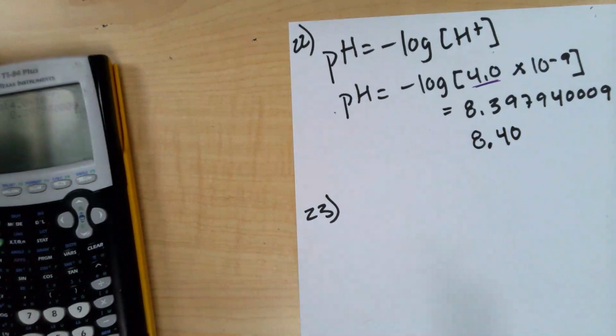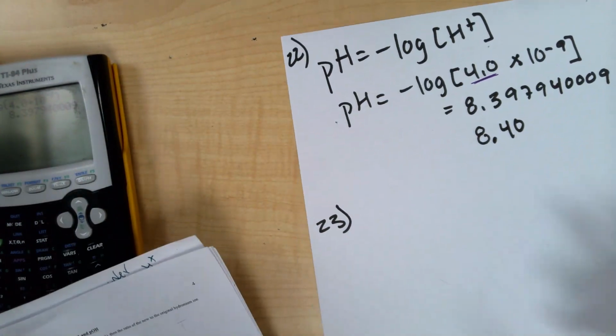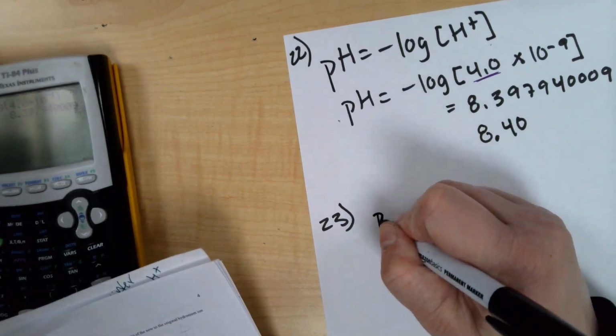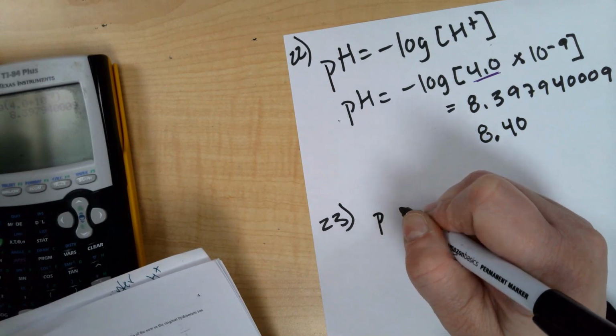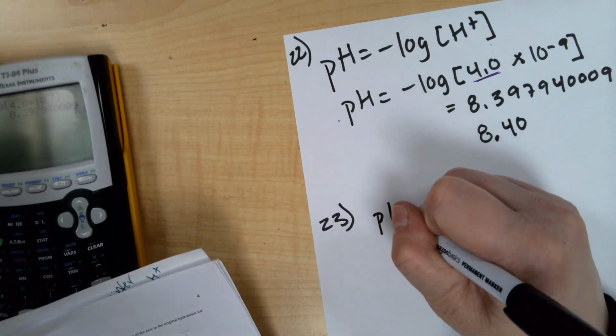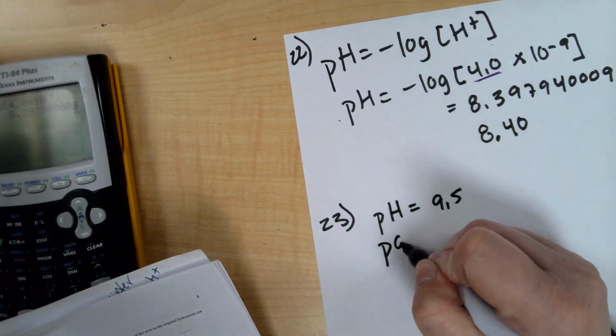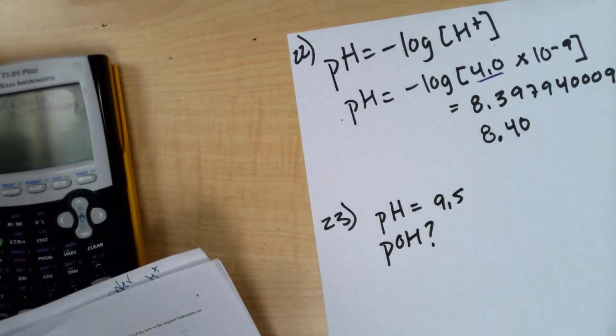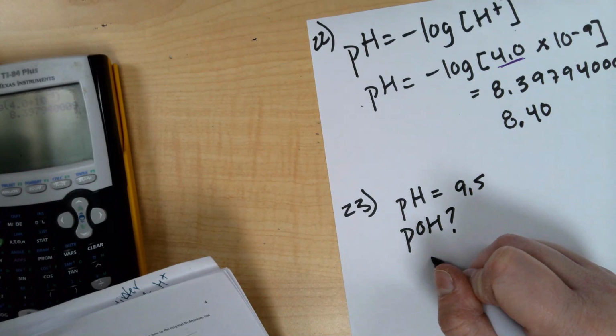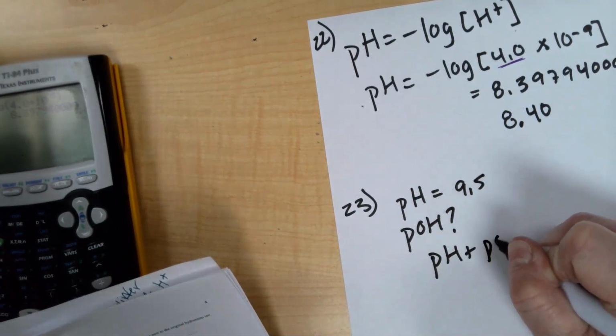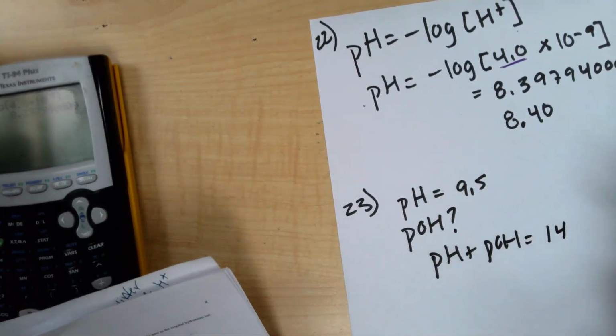So in number 23, it says a solution has a pH of 9.5, and it just wants to know what the pOH would be. Well, we know that pH plus pOH always equals 14.